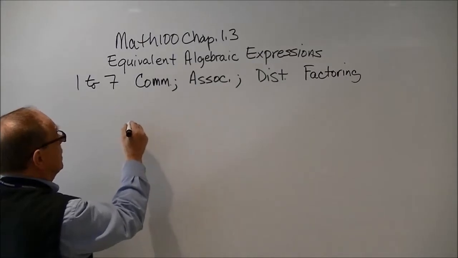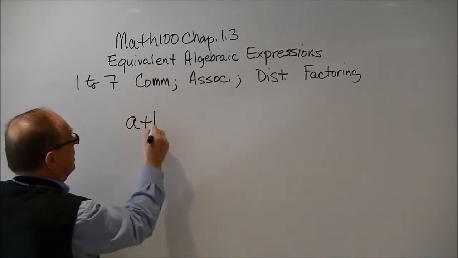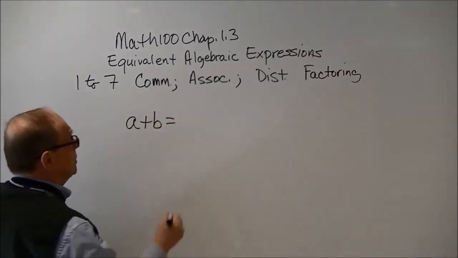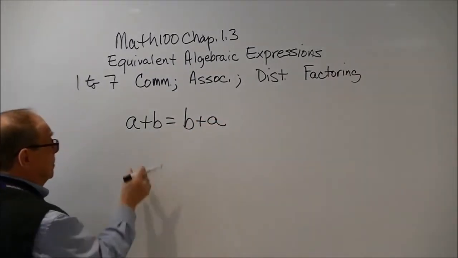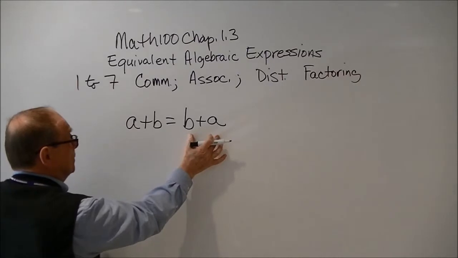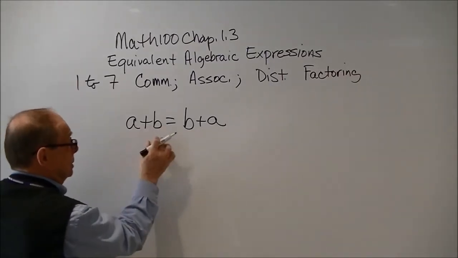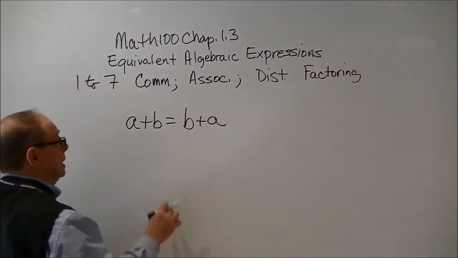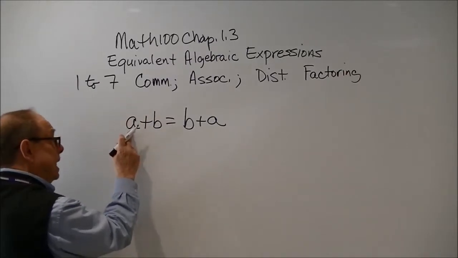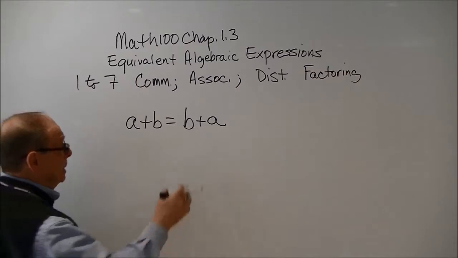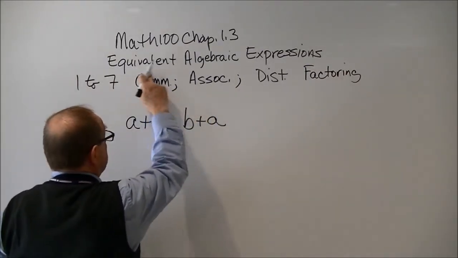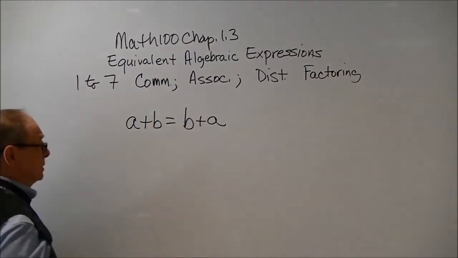So in the commutative law, we have A plus B equals B plus A. Well, they're the same terms, but they're in different order. They've been switched. And we can add A to B or B to A. We get the same answer. That's why they are called equivalent expressions.